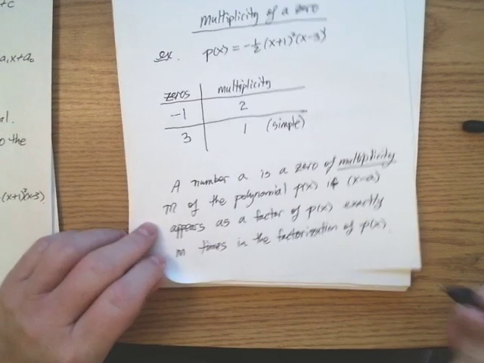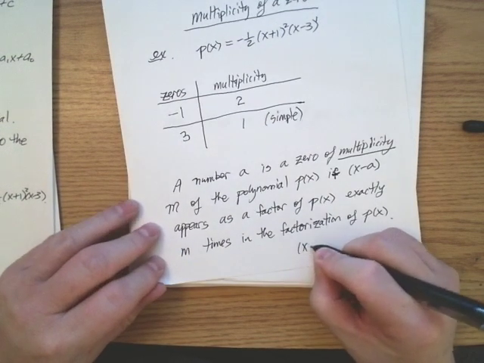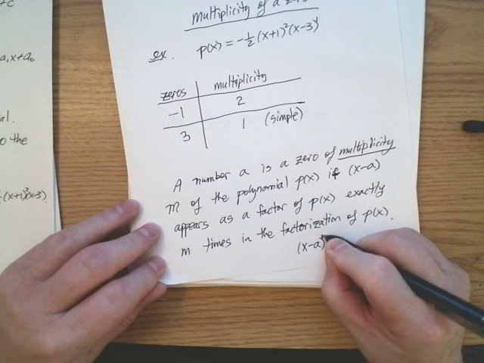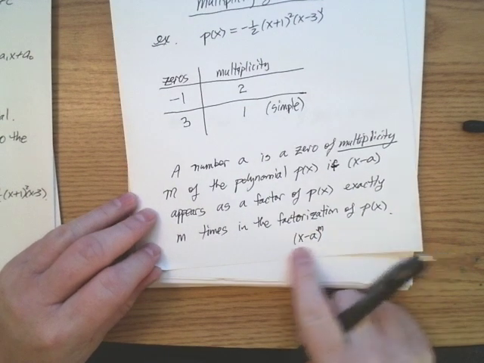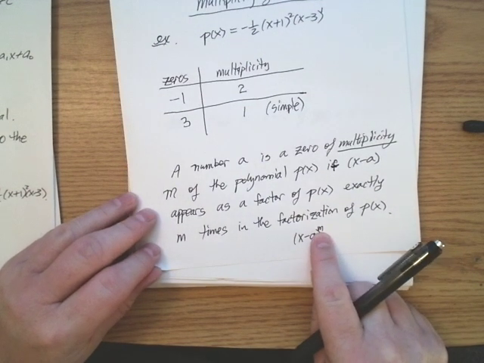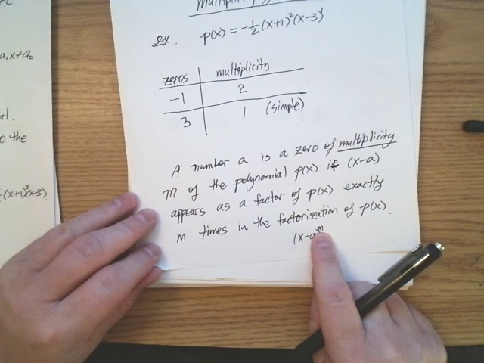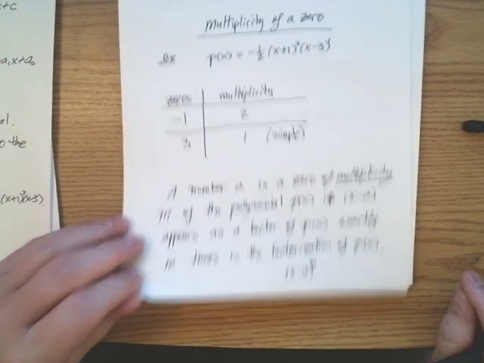This would be equivalent to saying that x minus a to the m power appears in the factorization of p of x, and no higher power of x minus a will do. So that's multiplicity of zeros.